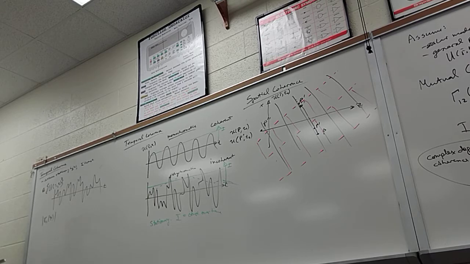Let's do it this way. Let's consider gamma 1,1 of 0. So let's consider the temporal coherence when tau is 0. What is that? That'd be like 100%. It's the same time, same position. One. And so this is the normalized mutual coherence. So at 0, the value of this is going to be what? 1.